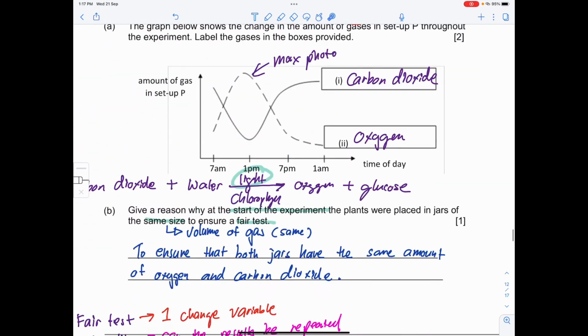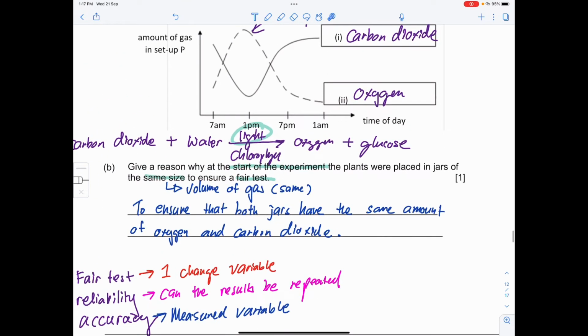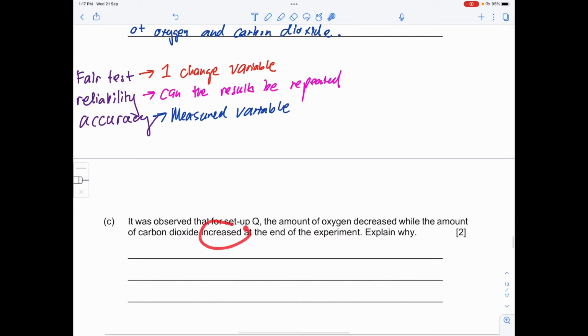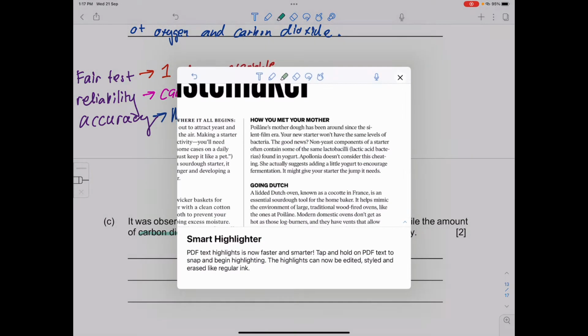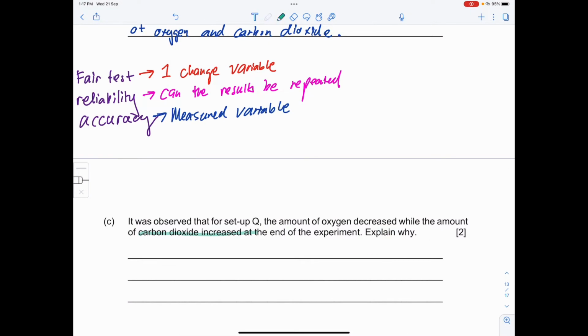So they tell you towards the end, what happens is that carbon dioxide actually increases. They ask you why at the end of the experiment. So carbon dioxide increase tells you that there must be some respiration that's taking place, because when you respire, you give out carbon dioxide.